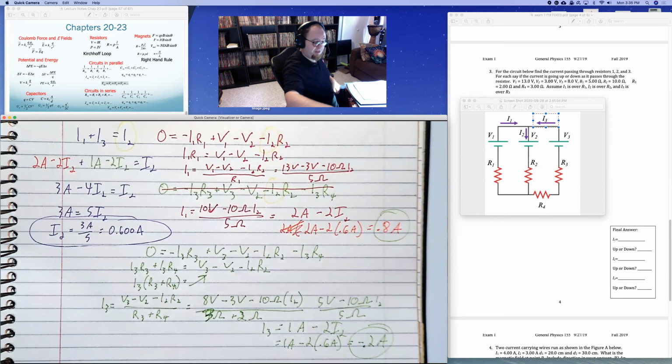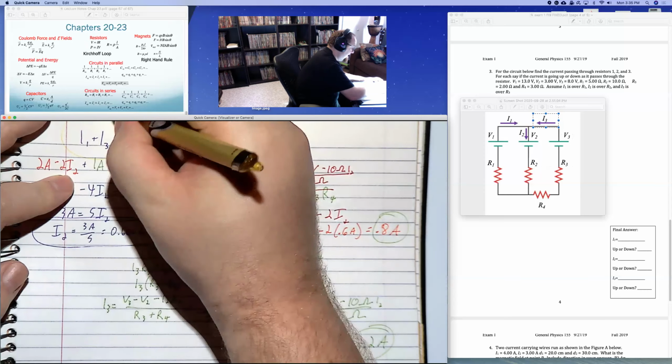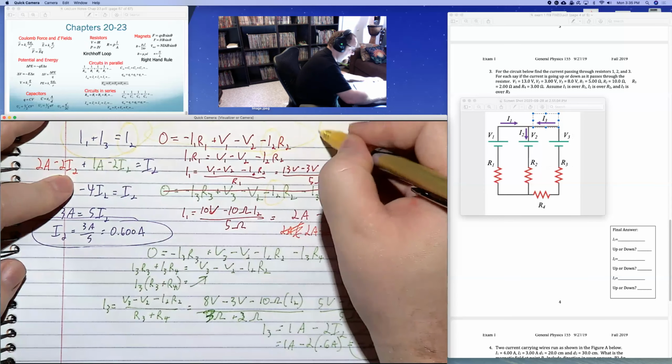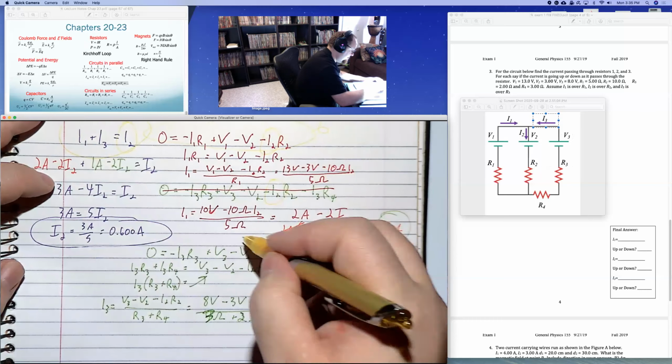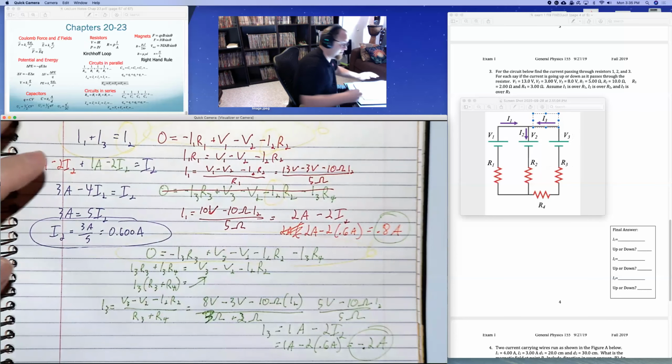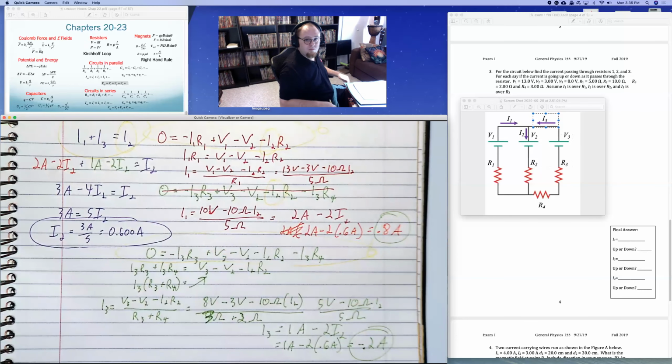Now, grading rubric. If I remember correctly, I want to say 6 points per equation. Once again, this is by memory.